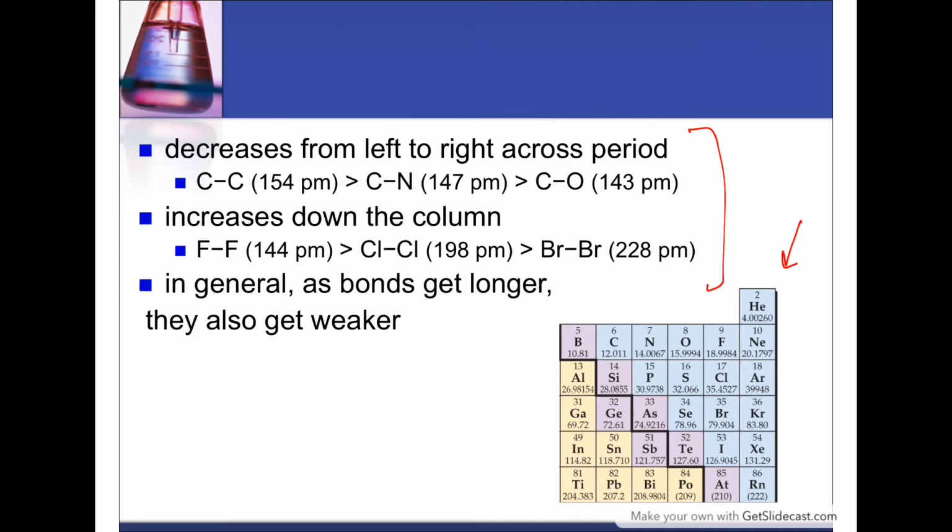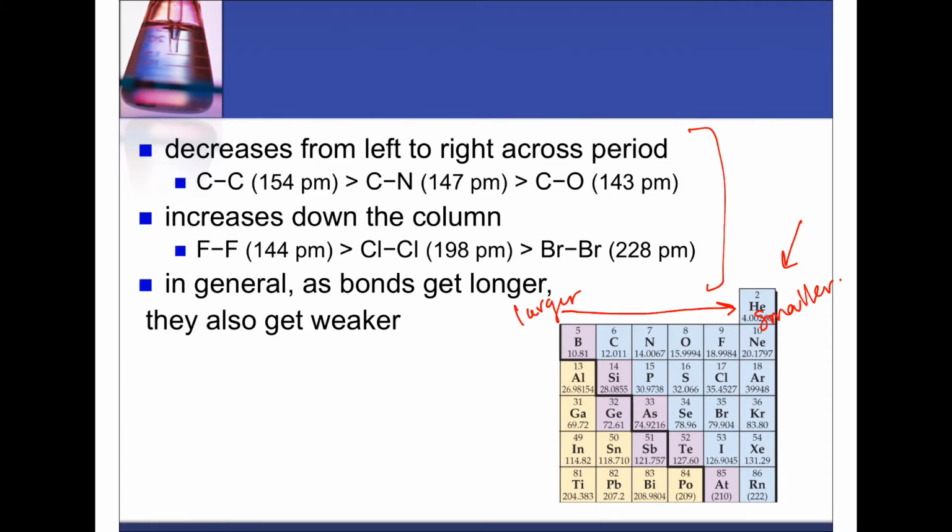So one thing we talked about in the periodic trends in chapter 8 is that as you move across the periodic table in this direction, atoms are getting smaller. So these are the larger atoms, and these are the smaller atoms over here. And this influences our bond lengths because the size of the atoms influences bond length.